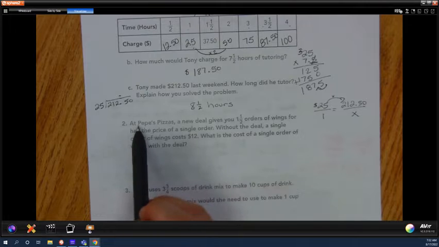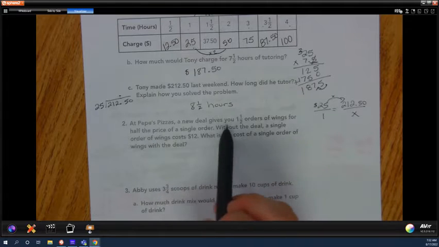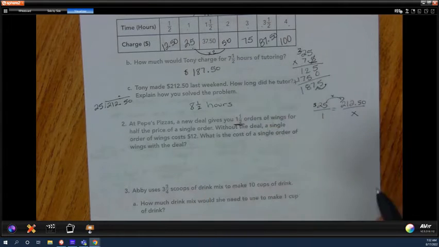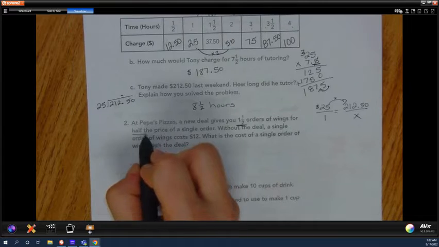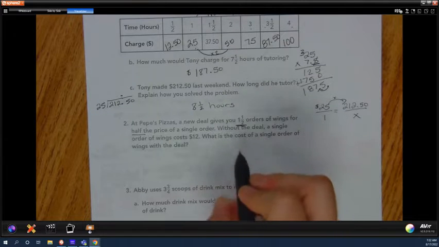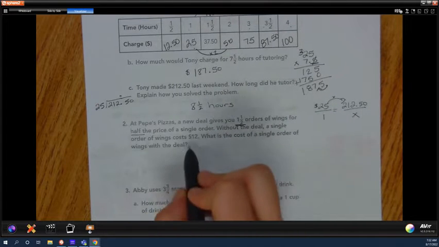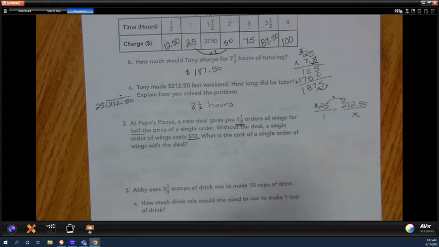All right. At Pepe's Pizza, a new deal gives you 1.5 orders of wings for half the price of a single order. Without the deal, a single order of wings costs $12. What is the cost of a single order of wings with this deal? All right.